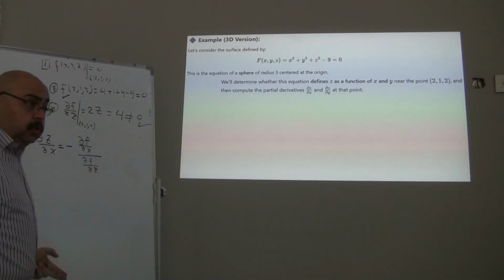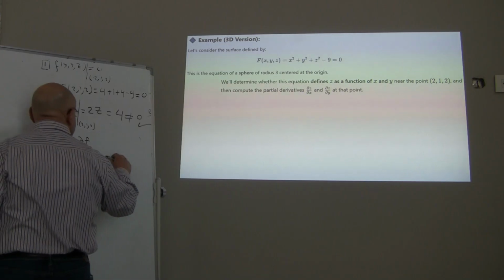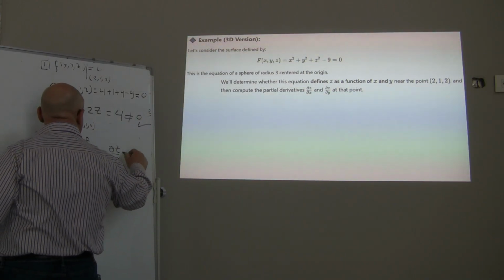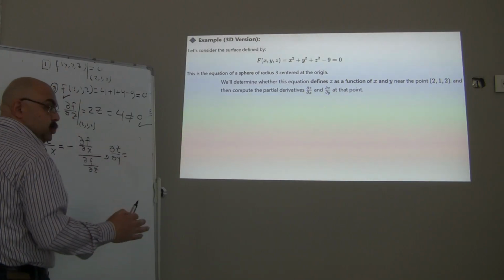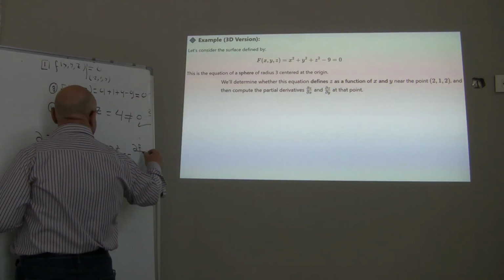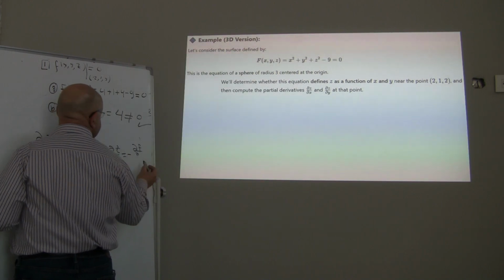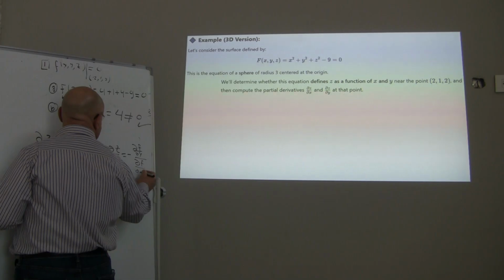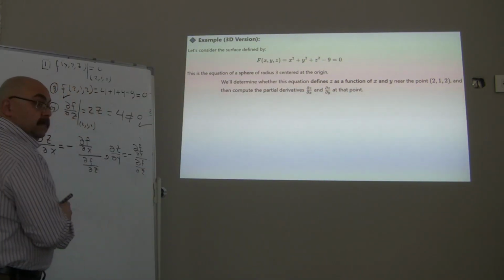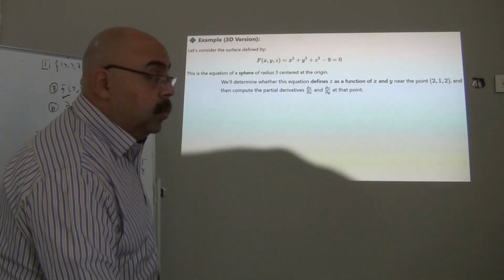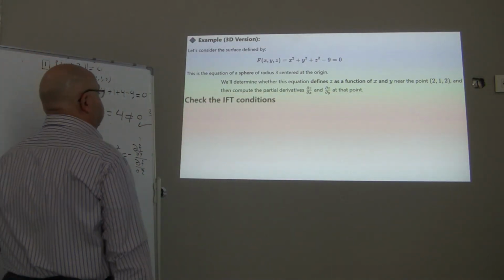And if I want partial z partial y, I'm sorry, it's really very simple. All you have to do is get partial f partial y divided by partial f partial z, with a negative sign. The law is really very simple. All I have to do is make these direct substitutions.